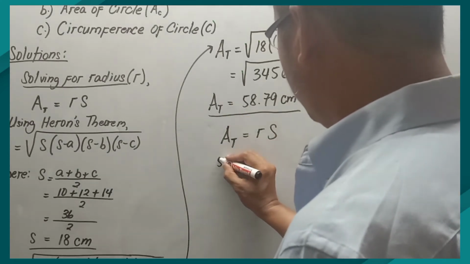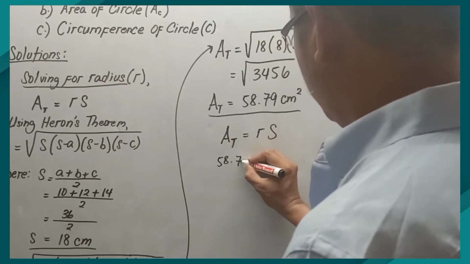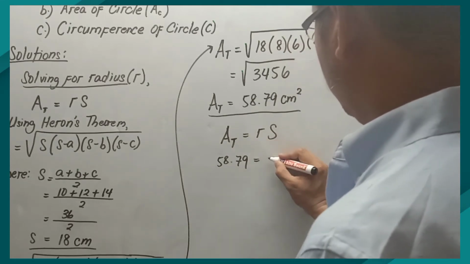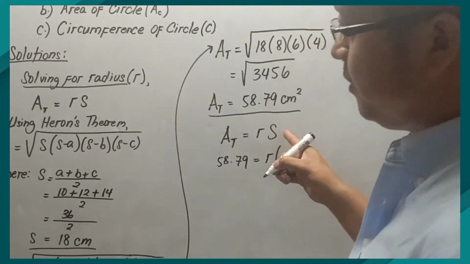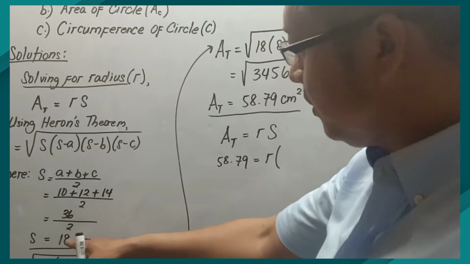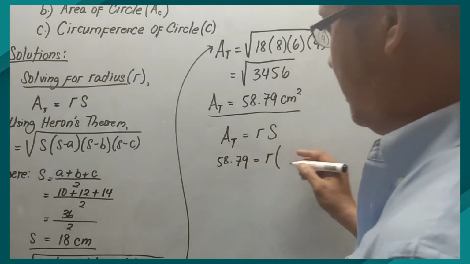There are 58.79 is equal to R, radius. And how much the S? You already calculated S, which is equal to 18, meaning the semi-perimeter of the triangle. Okay, this is 18.